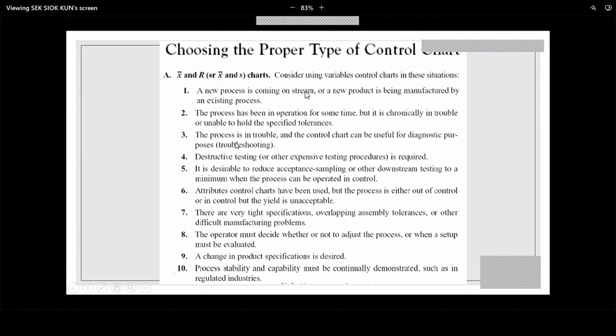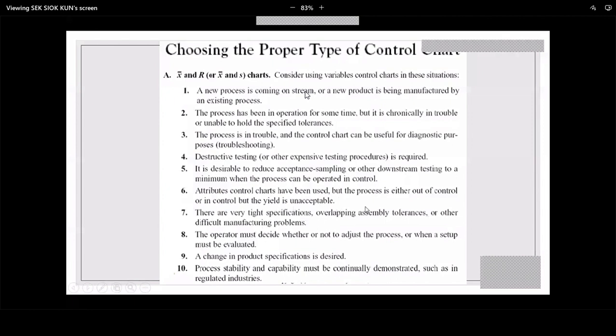The process is in trouble and the control chart can be useful for diagnostic purposes. Destructive testing or other expensive testing procedure is required. It is desirable to reduce acceptance sampling or other downstream testing to a minimum when the process can be operated in control. Then attribute control charts have been used, but the process is either out of control or in control, but the yield is unacceptable.